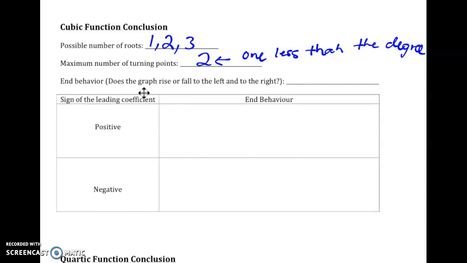Next, the end behaviors. If you look at the end behaviors, they end in opposite directions. So if one starts going down, the other one ends going up. If one starts up, the other one goes down.